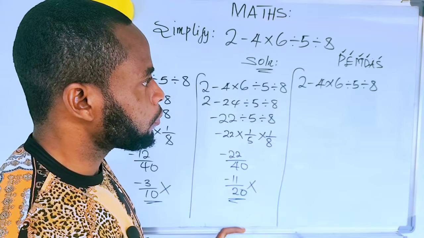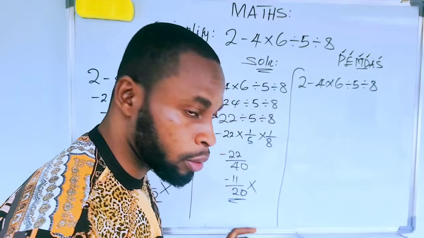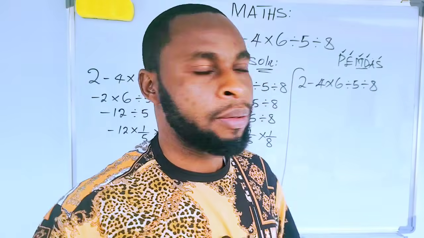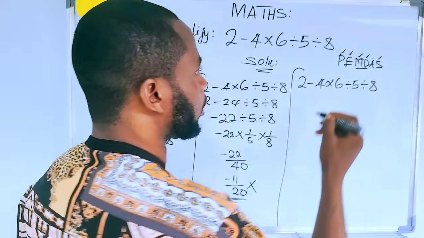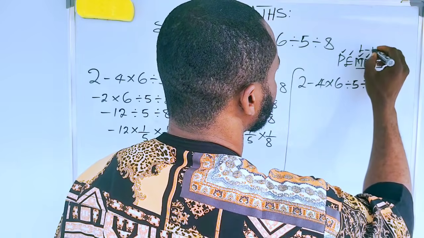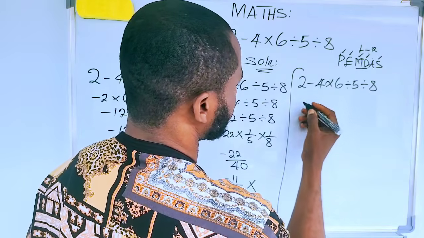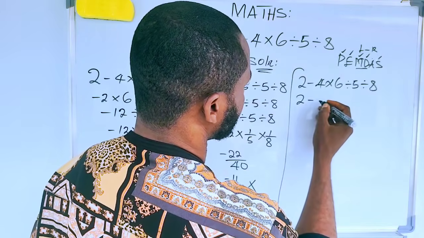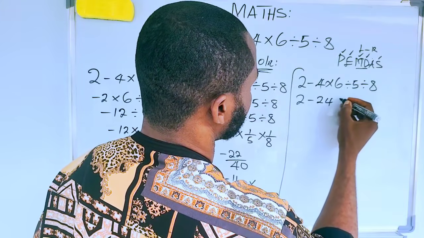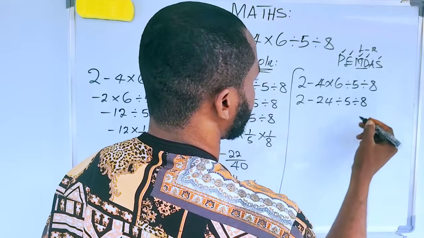Now, we are going to consider that these two, multiplication and division, have the same precedence. Then at this point, the operation moves from left to right. When I start at this point, I'm going to consider multiplication first. Then we have here 2 minus 4 times 6, that gives us 24 divided by 5 divided by 8.